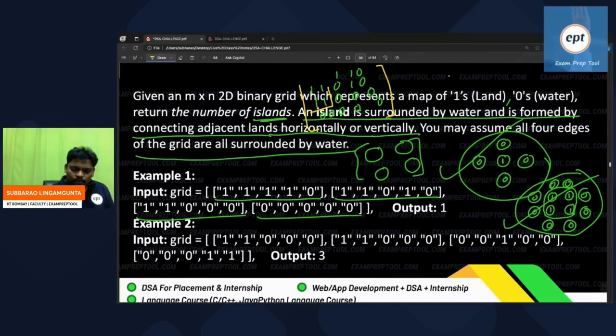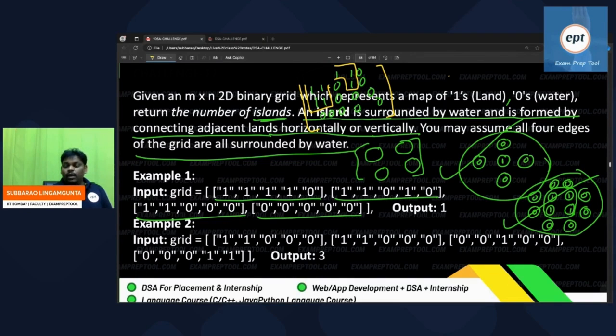If you observe clearly, can I say this entire thing is one island? Check. All the surrounding cells, if you see, are only zeros.